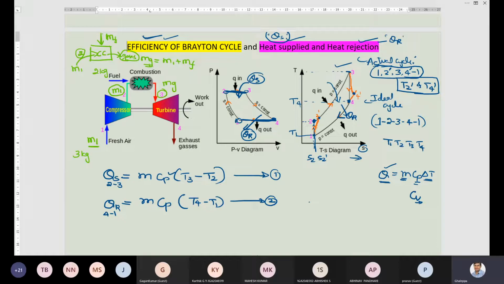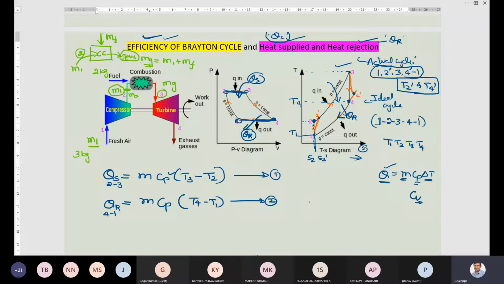At point 2, is it the mass of air, or mass of gas, or mass of fuel? Point 2 is mass of air or mass of fuel? Here, mass of air, because it is coming from the compressor and enters into the combustion chamber.